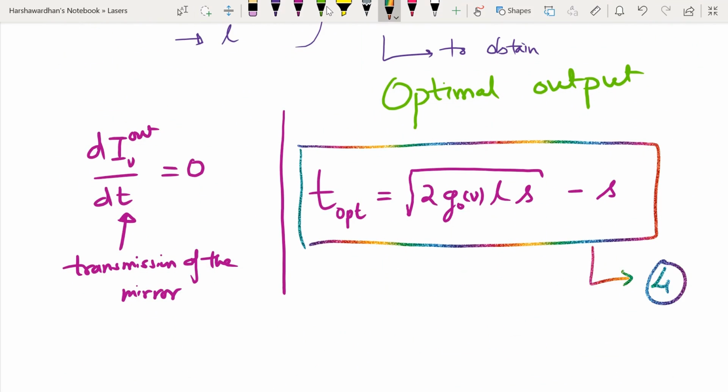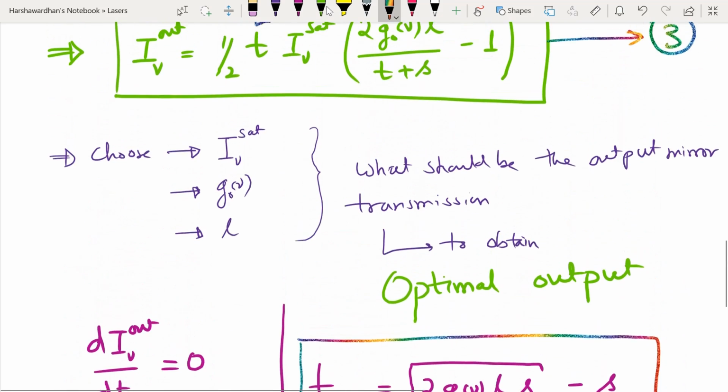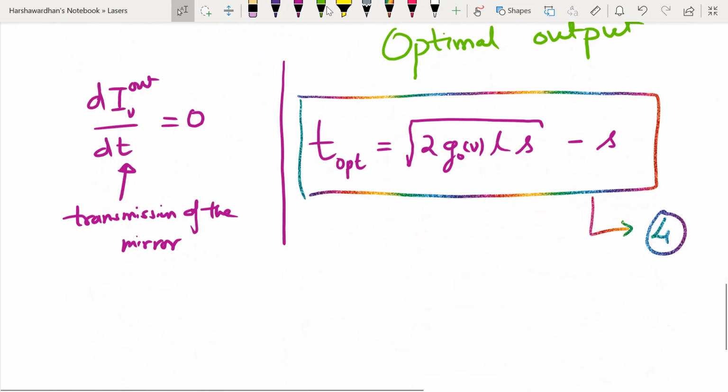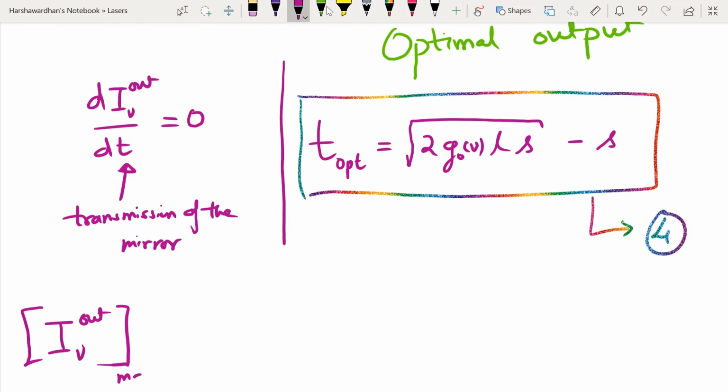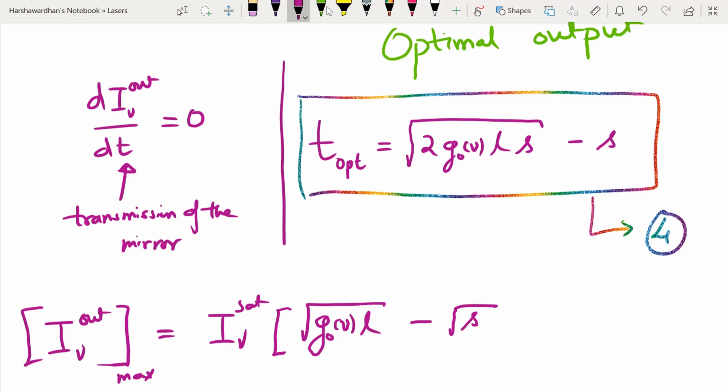So once I get my T optimal, I plug this T optimal back into my equation number 3. That would result in the I nu out max, the maximum value of the output. And that, by the way, is simply I nu saturation times the square root of G naught nu times small l minus the square root of S, by the way, S is the scattering loss, and the whole thing squared.